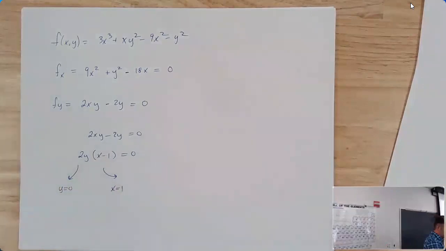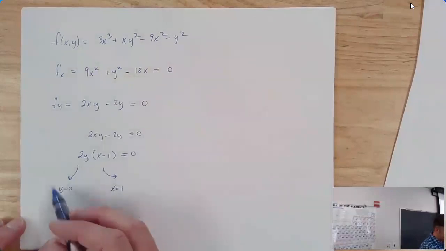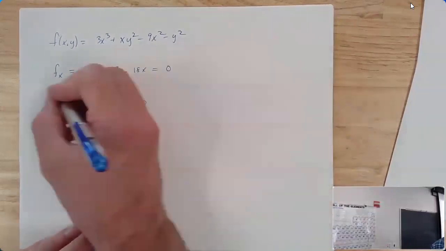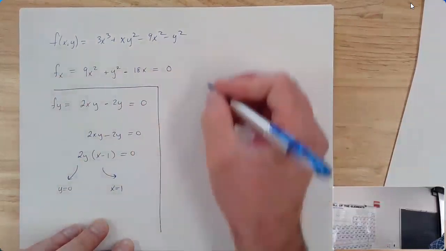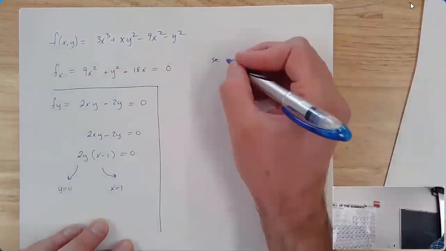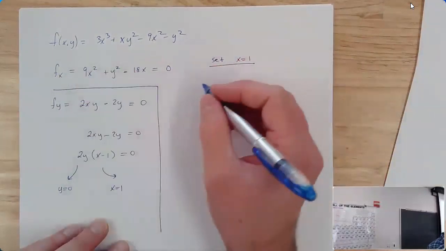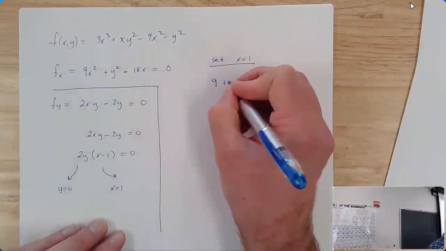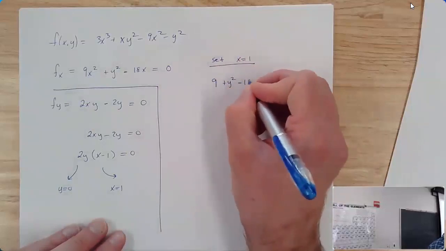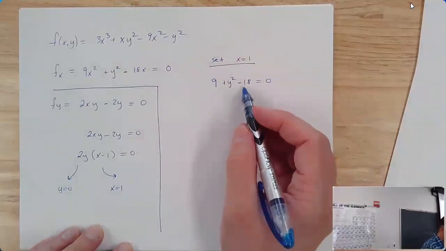So now what we're going to do is go back to this equation and check each one of these values in here. First, set x equal to 1. So I do that, I'm going to get 9 plus y squared minus 18 equal to 0, or y squared minus 9 equal to 0.